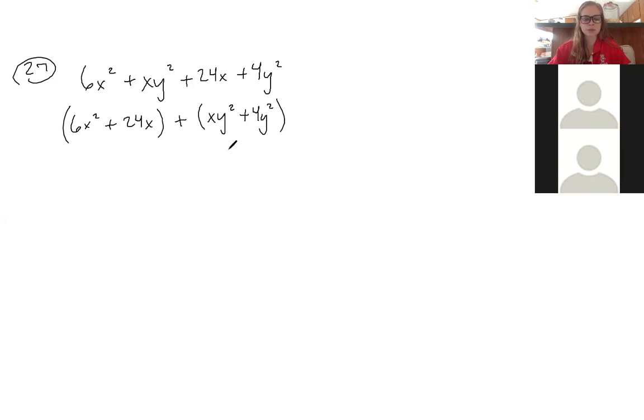See if you can factor anything out of the individual. And can you? Yes, you can factor 6x out of the first one. Good. And then y squared. Okay, what's next?